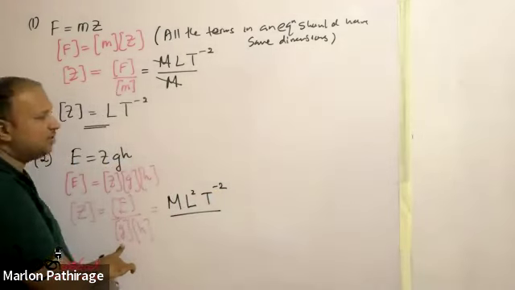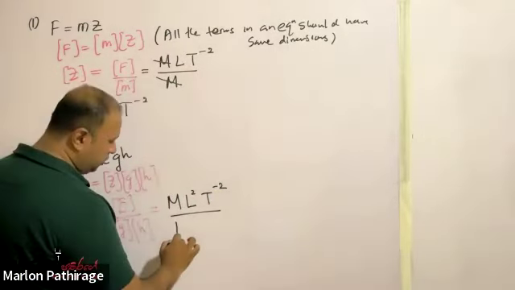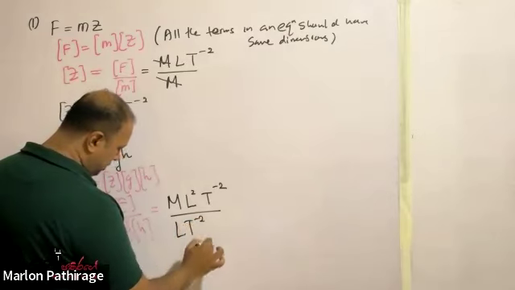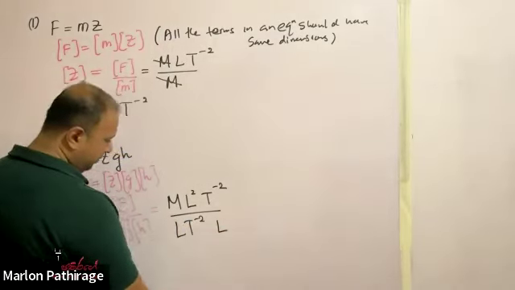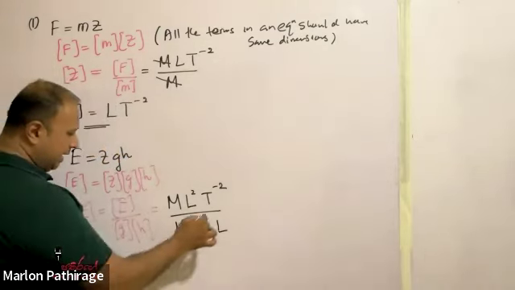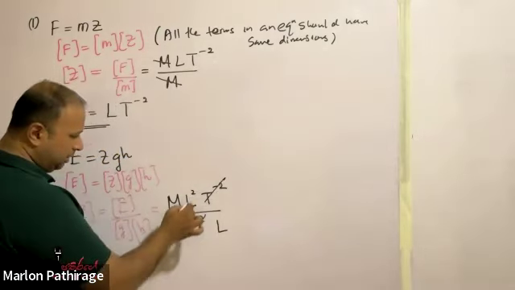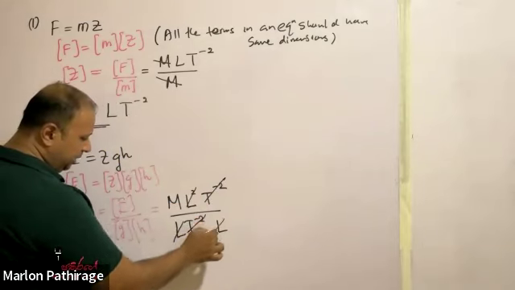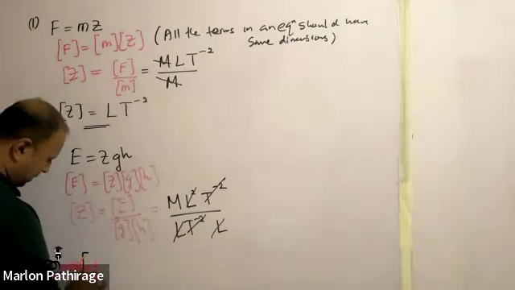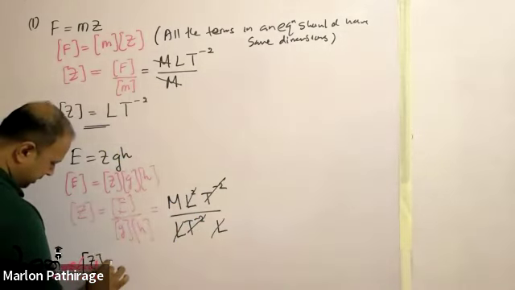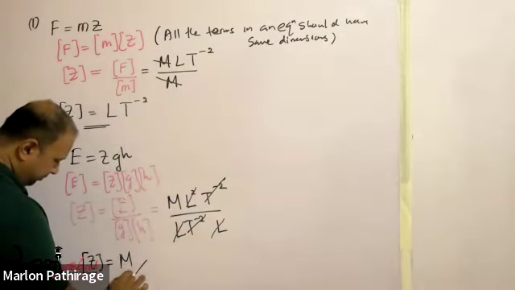G means acceleration, which is LT minus 2. H means another L. Therefore, L squared cancels out. Therefore, the dimension of Z is equal to that.